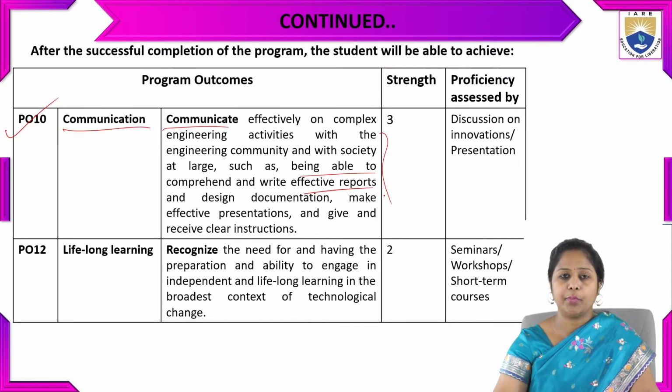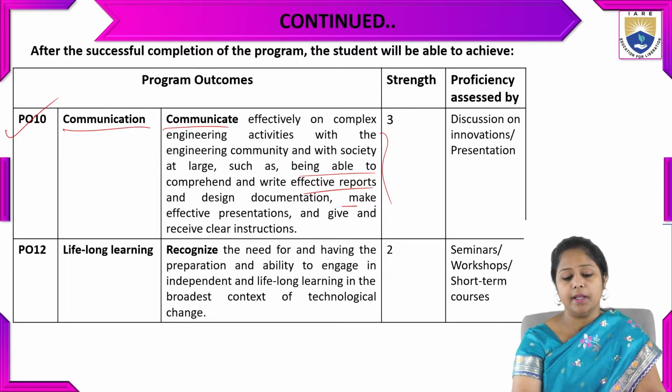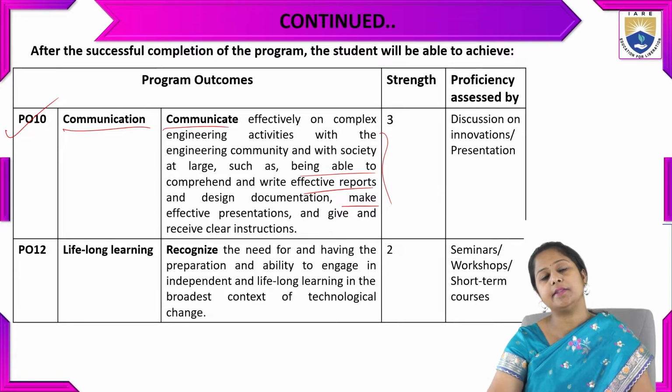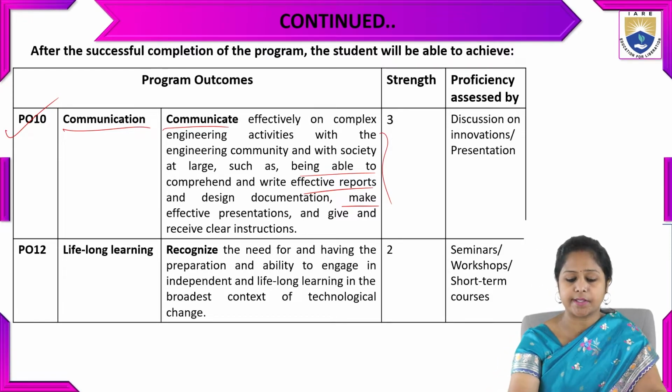So that is more important. He has to document all his findings and limitations, and he has to make particular effective presentations for that, and he is going to give and receive clear instructions for that.